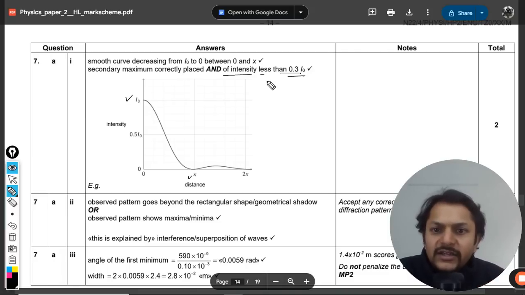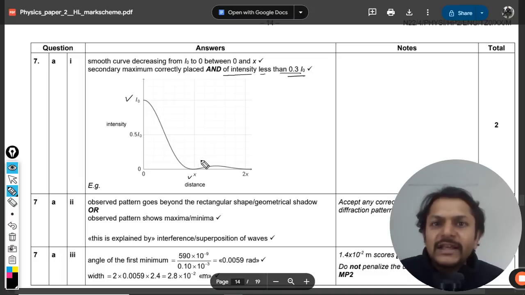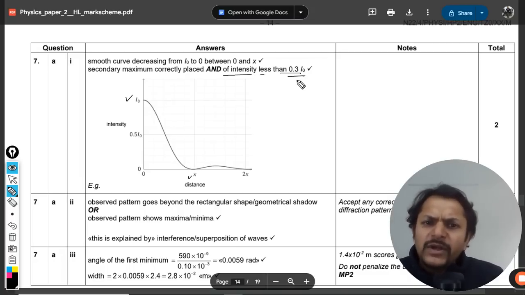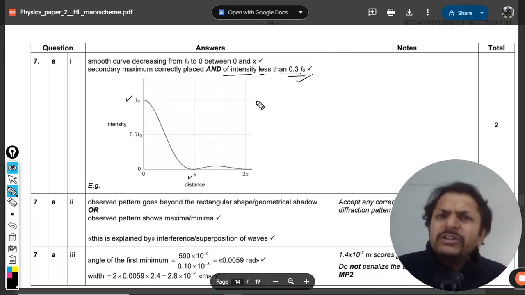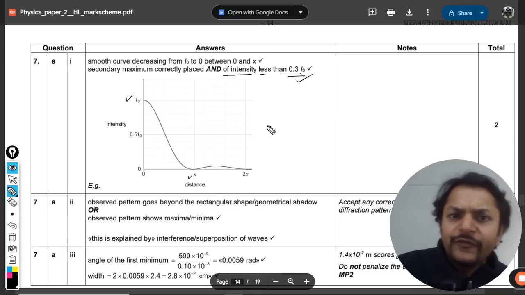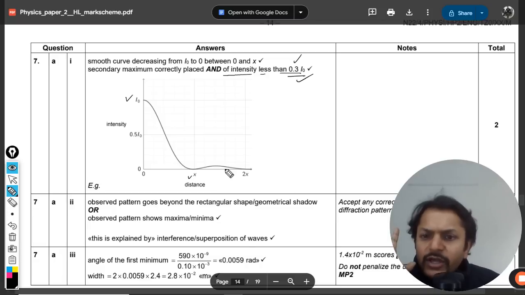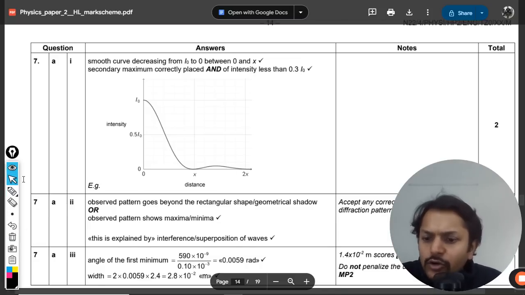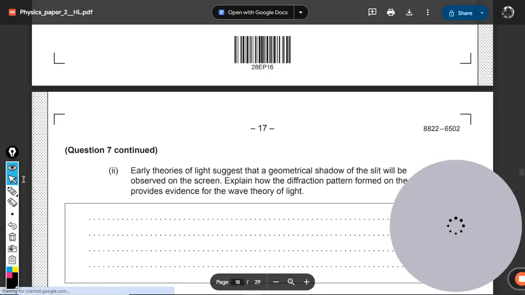So it could be anything. You can draw it 1%, 10%, 20%, but it should be less than 30%. There is no rule as such, but usually it is like that. There is no mathematical formula to confirm this value, by the way. Okay, yes, let us now go to the next question.